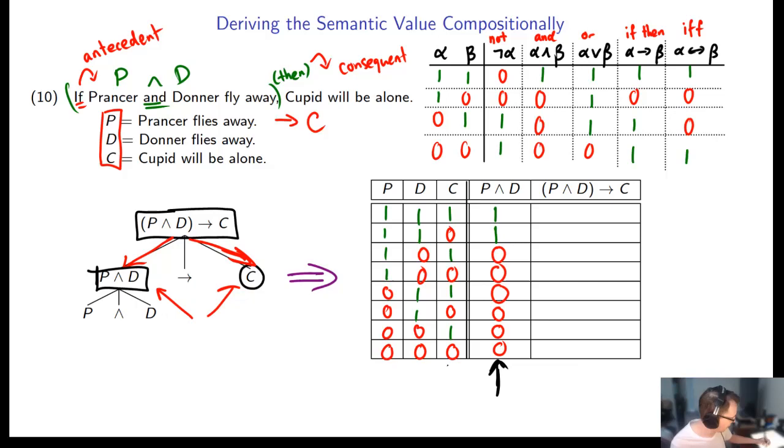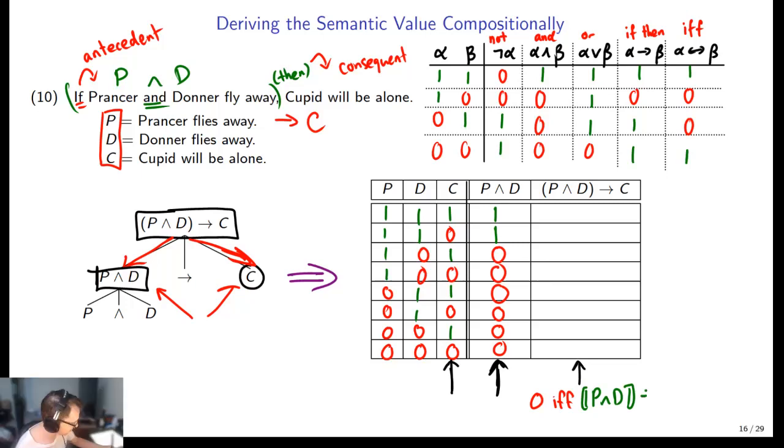So we might have to take a look at our reference here. So how this is going to work with P and D arrow C, this is going to be false if, I'll just move my webcam out of the way for this one so I can write it down here in the corner, this is going to be false if P and D is true and C is false.